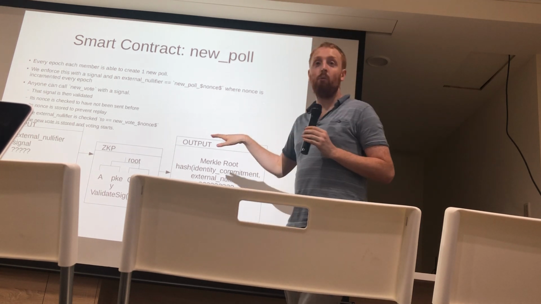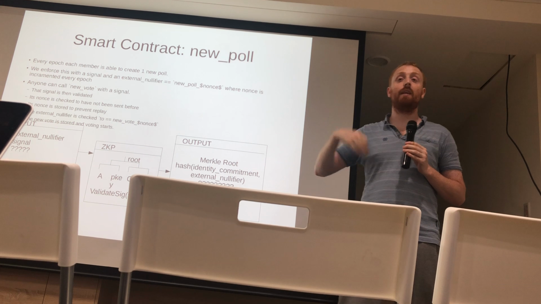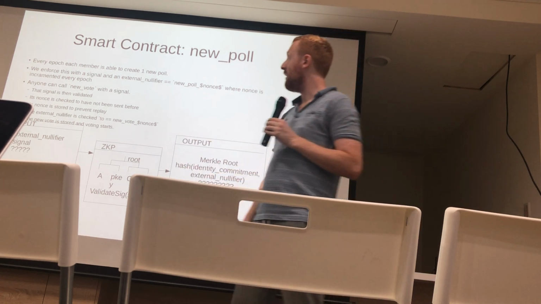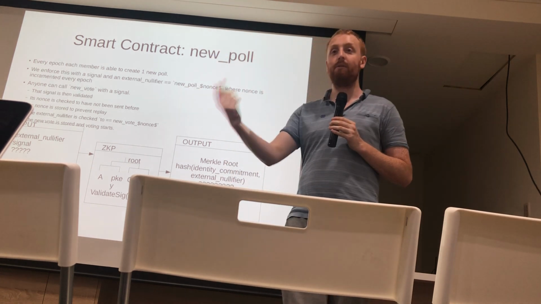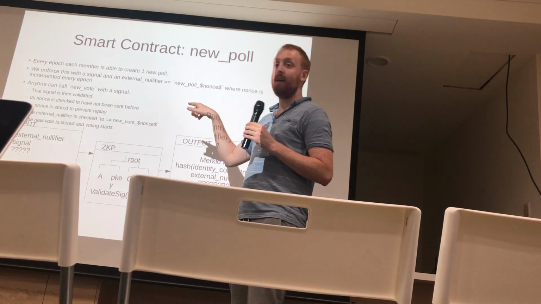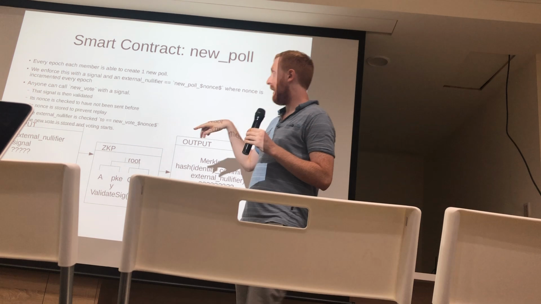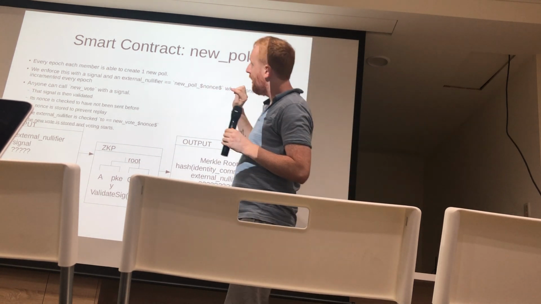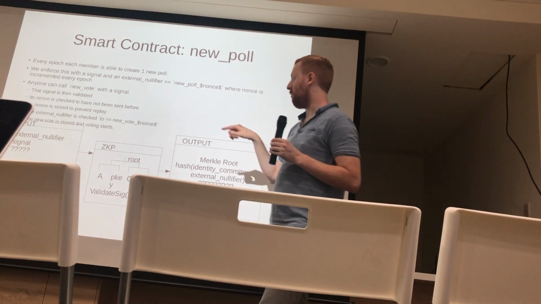So anyone can call a new vote with a new signal. And this is in the smart contract. Anyone can call the smart contract and provide a snark proof. When they call the smart contract, the first thing they do is validate the snark. And then they check that the nullifier was not used before.